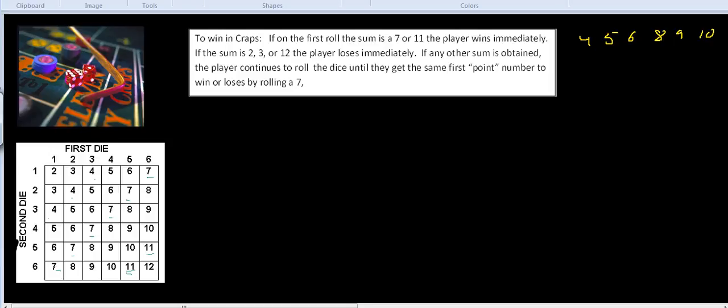So in writing this out, we're looking at the probability to win is going to equal two different probabilities combined.